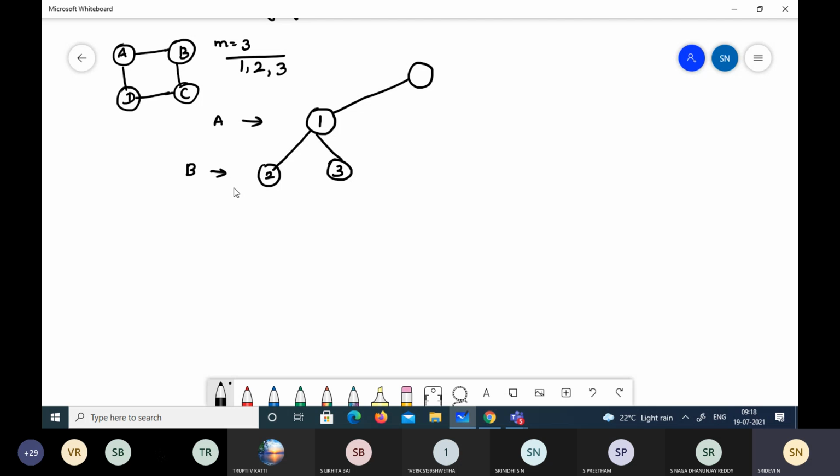If B is colored with 2, then what is the possible option for C?